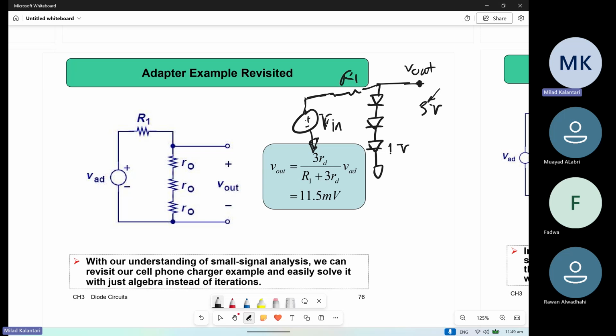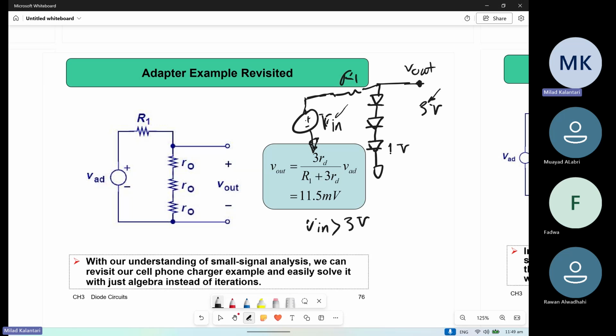Does this output voltage change once the input changes? First of all, we need to know how much this V in has to be to turn on these three diodes. It has to be larger than 3 volts, right? Otherwise, you cannot turn them on.